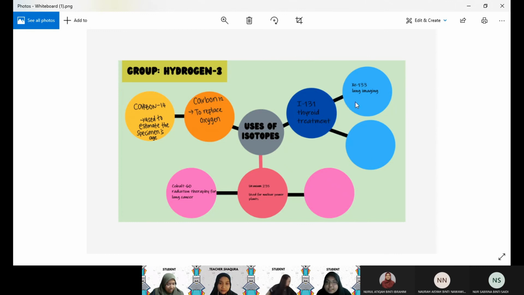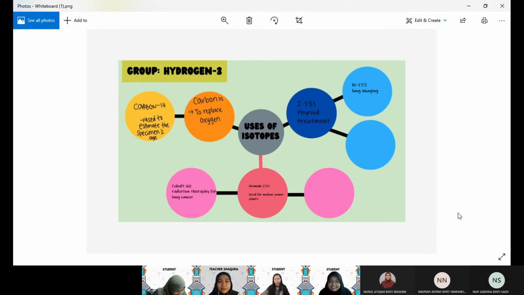Next we have xenon 133, which is used for lung imaging. We have cobalt 60, radiation therapy for lung cancer. And lastly is uranium 235, used for nuclear power plants. That's all from us.